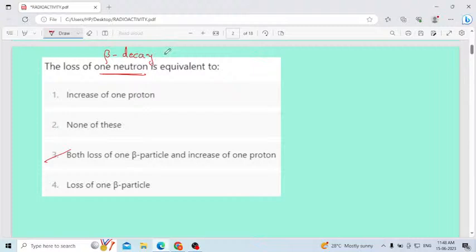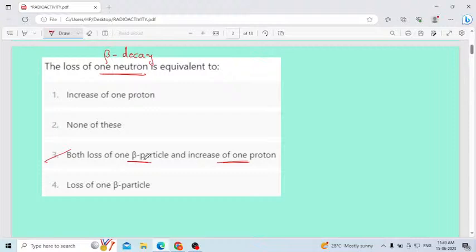Loss of neutron, you have to remember the atom, it is undergoing a beta decay. When you will consider an atom, when loss of one neutron occurs, then to balance the conservation of energy, it will increase the one proton, because both have to be balanced. Sometimes in the case of beta decay, the loss of neutron will be equal to the loss of beta particles, because beta decay involves the emission of beta particles.